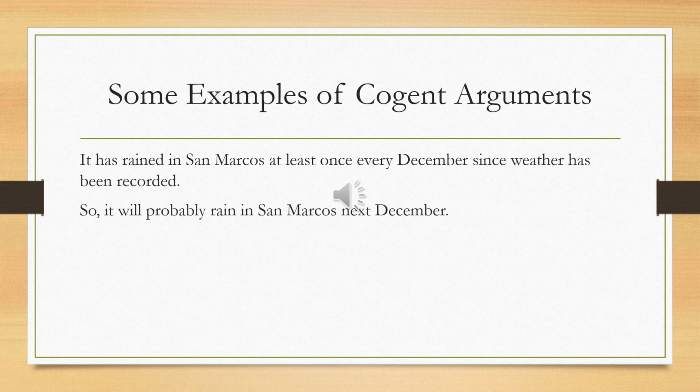Now, I'm anticipating a question that's probably forming in your mind, because it forms in every student's mind every time I teach this subject, which is, how are you going to test us for cogency or soundness, which is going to come up real soon, on an exam? Because that requires that we have this factual knowledge at our fingertips, which we may not have. And so the answer to the question, how am I going to test you on cogency and soundness, is, well, I'm really not going to.